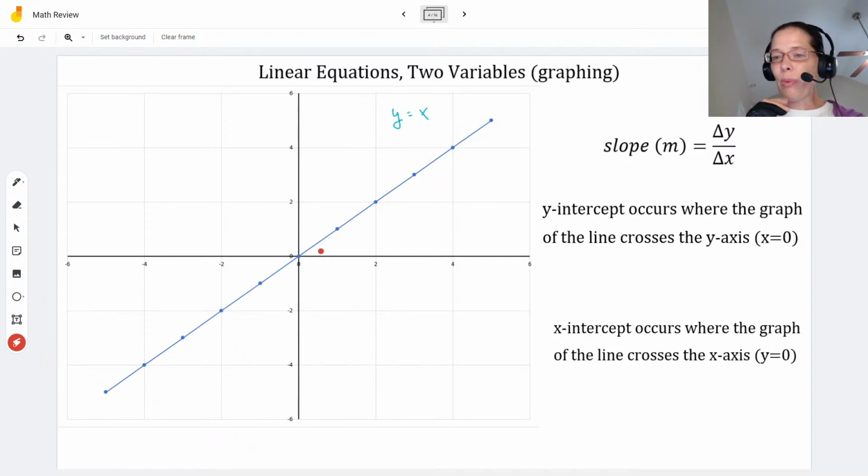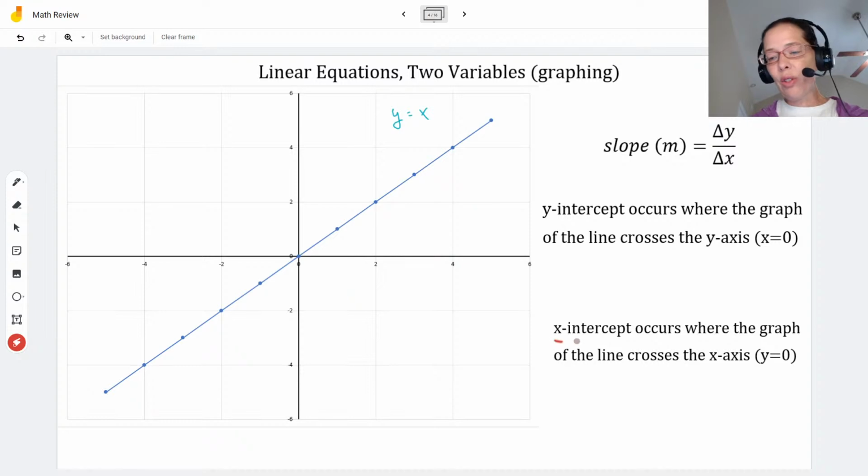The other thing I did want to point out about the graph is you have a y-intercept and an x-intercept. We do use the y-intercept more. So the y-intercept is where your graph of the line is going to cross your y-axis. Now for this line, it crosses at the origin or at 0, 0. So this is where your x value is going to equal 0. So again, in this case, where x equals 0, y also equals 0.